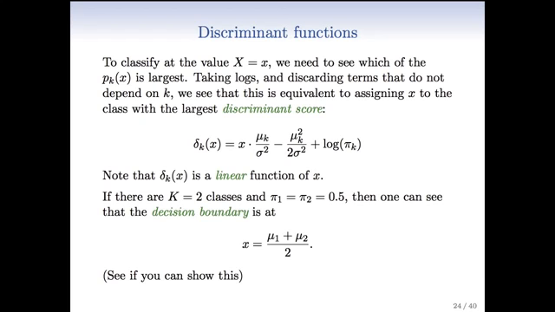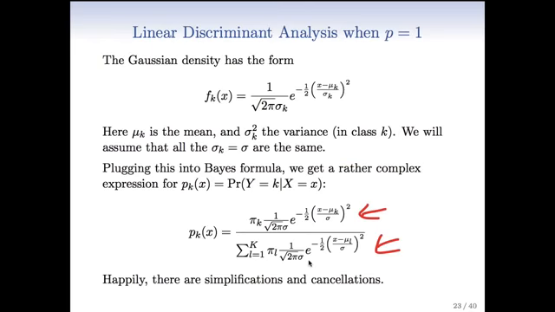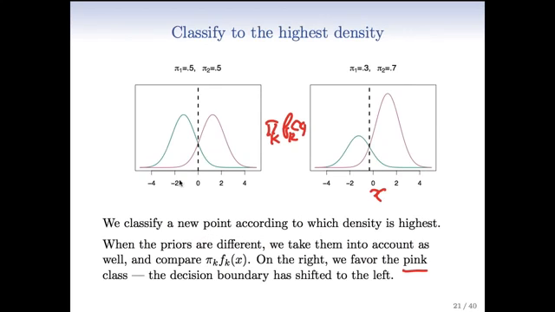If there are 2 classes, you can simplify even further. Let's suppose now that the probability of class 1 is equal to the probability of class 2, which is 0.5. Then you can see in this case that the decision boundary is exactly at mu1 plus mu2 over 2. So it's back to this picture in the previous slide.